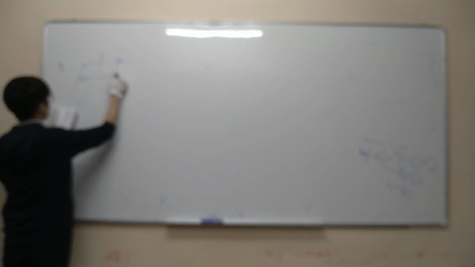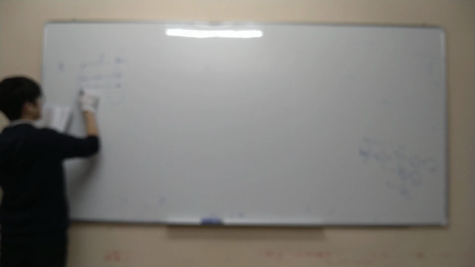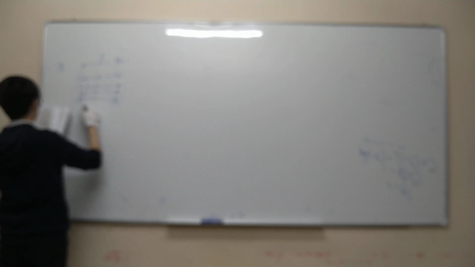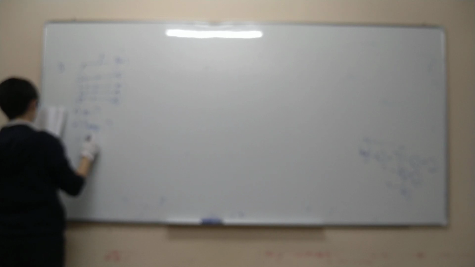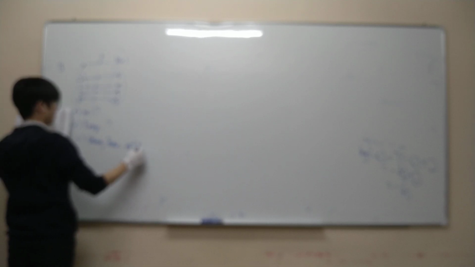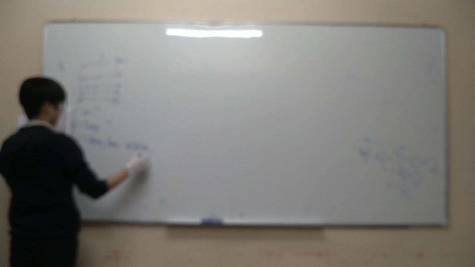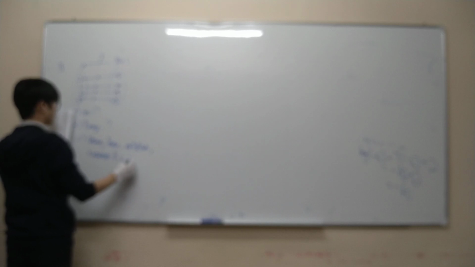So negative 2 connects to negative 5 with an arrow, 4 connects to n, 6 connects to 19, 8 connects to 25. A, N, B, range. C, using function notation, express f in terms of x.